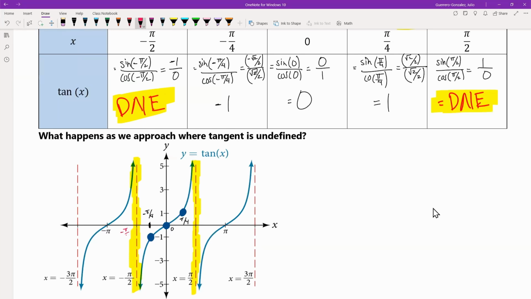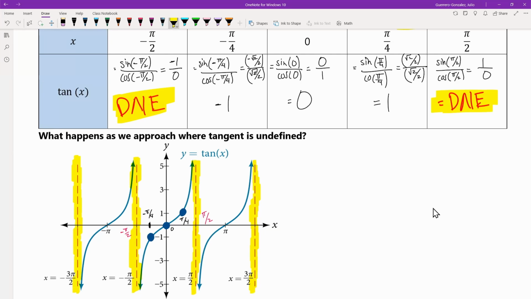Negative pi over 2, positive pi over 2. There we go. So we just drew one period, just this one, of tangent. Now, I do need to expand a little bit because, hopefully everyone sees, there's another, and there's another.